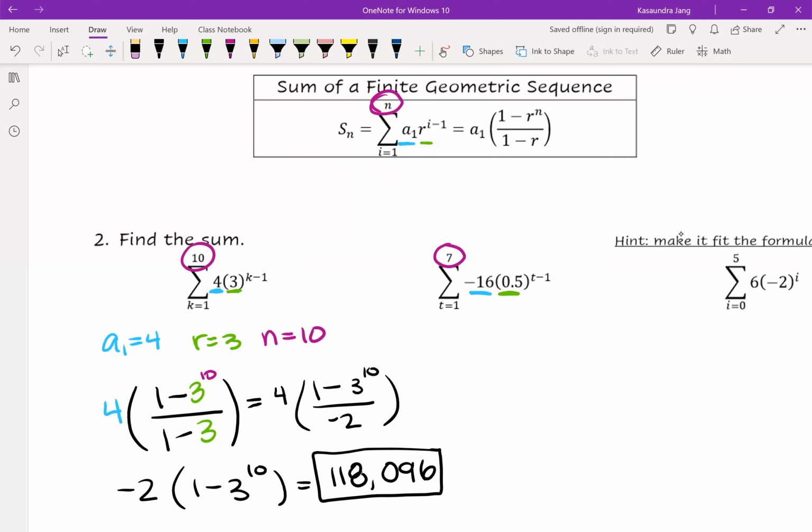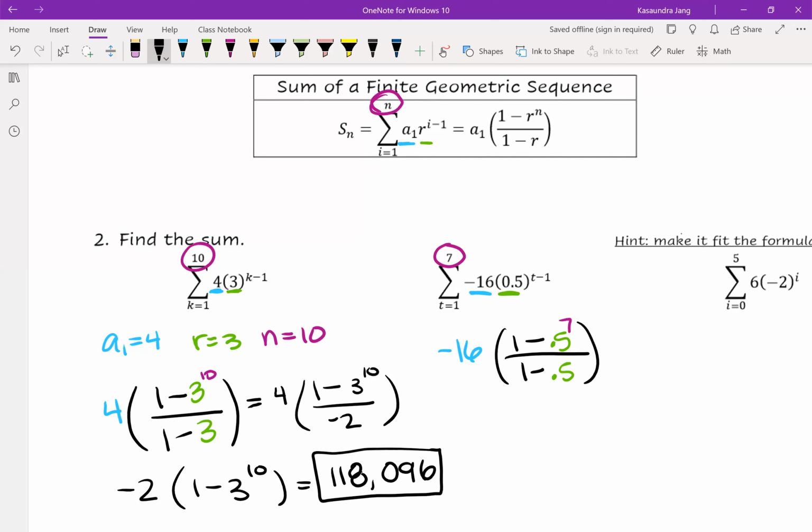So that means I'm going to go ahead and plug in my A1, in our case, -16, times 1 minus R to the N, R being 0.5, and my n being a 7.